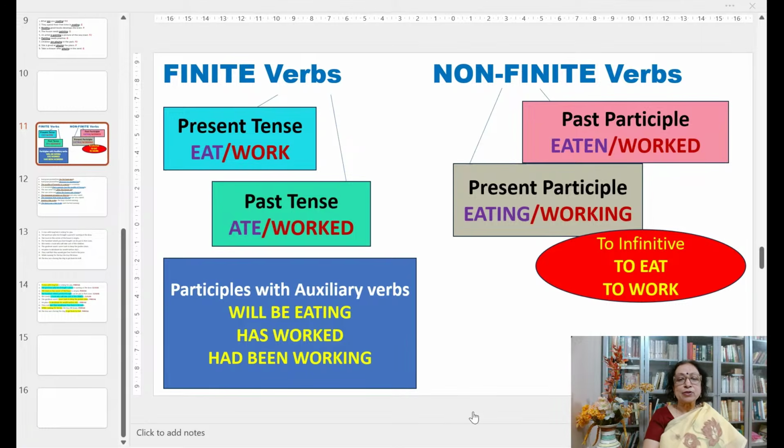Here you can see the screen, which is similar to what we did yesterday. Those of you who attended yesterday's class will remember that we had root verb and we had a similar chart yesterday. I have used the same verbs, eat and work.